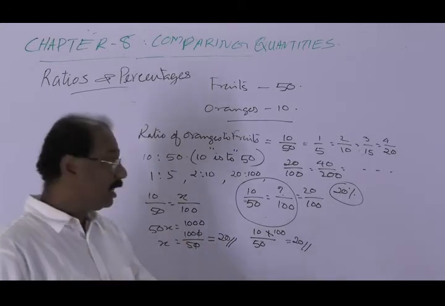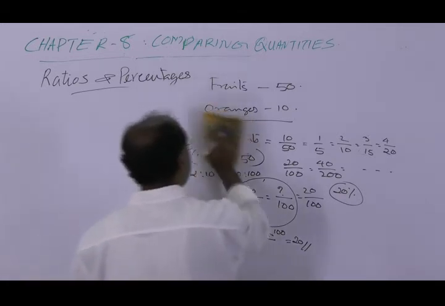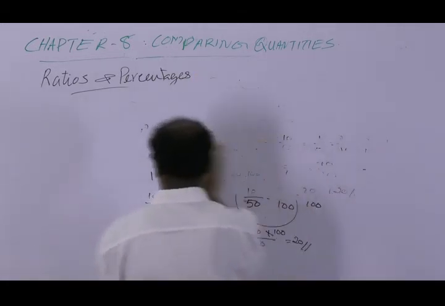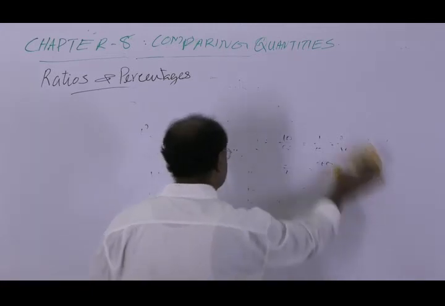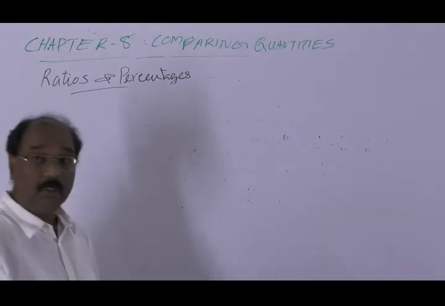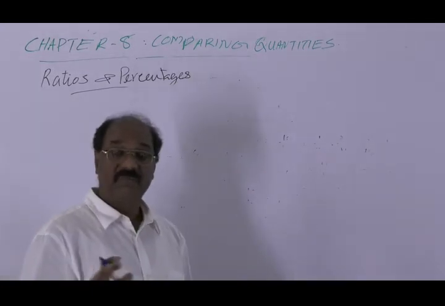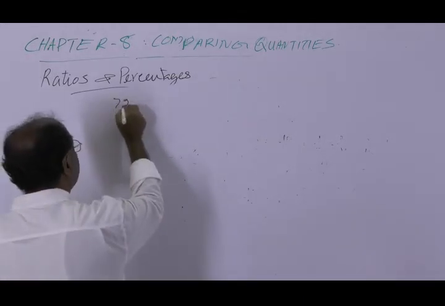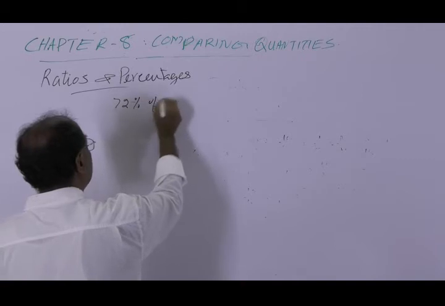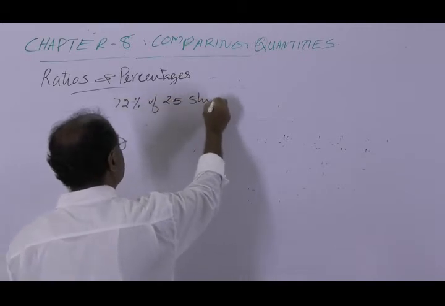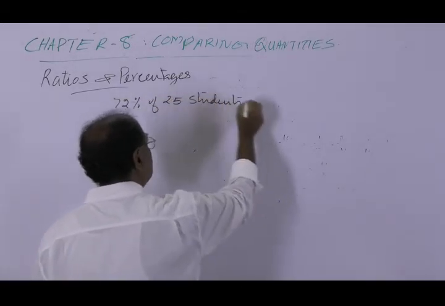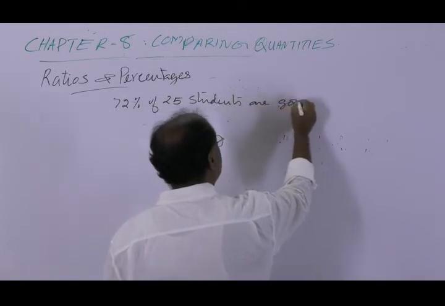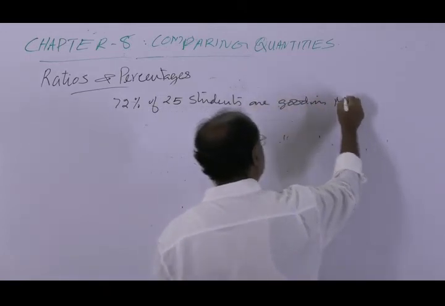Okay, now come to another example. Suppose we are given a statement like this: 72% of 25 students are good in mathematics.